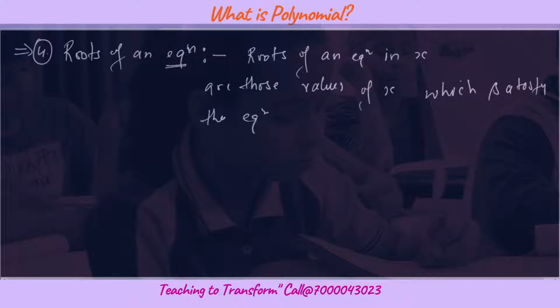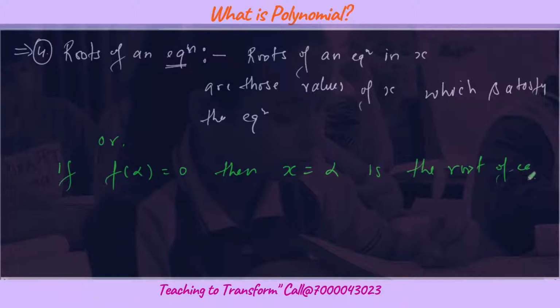Or if you don't like this definition, I have another definition for you: if f of alpha is equal to 0, then x is equal to alpha is a root of the equation f of x is equal to 0.